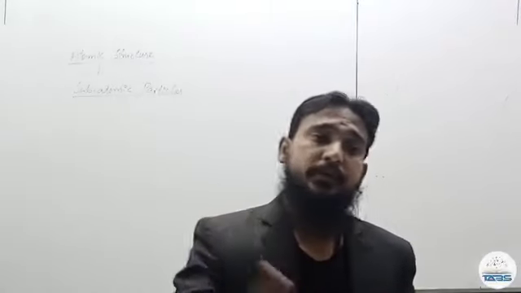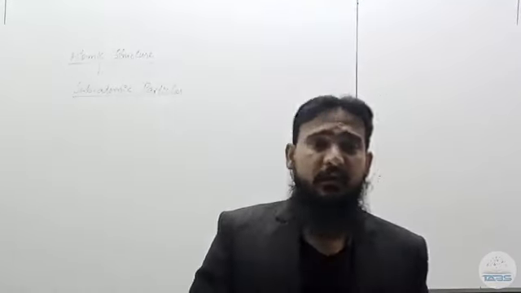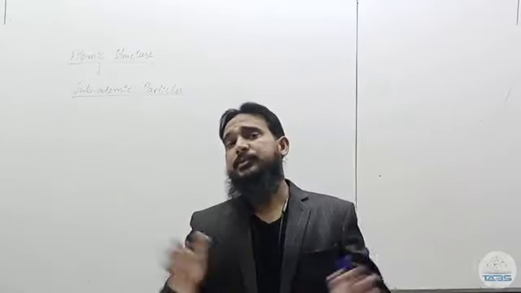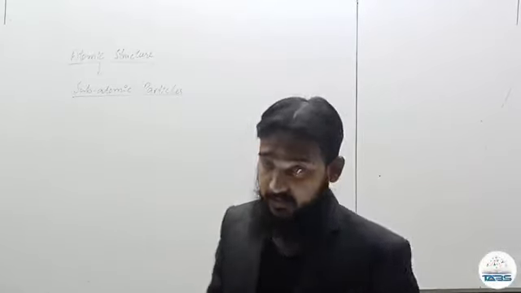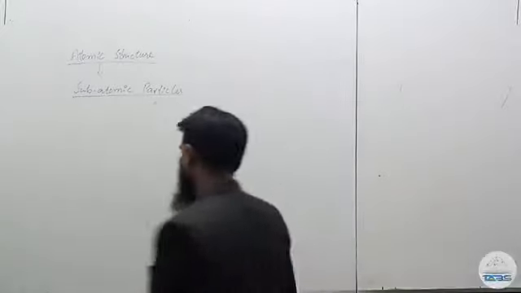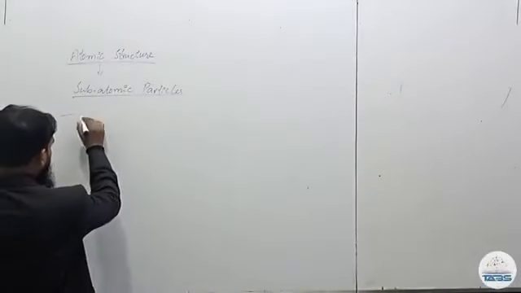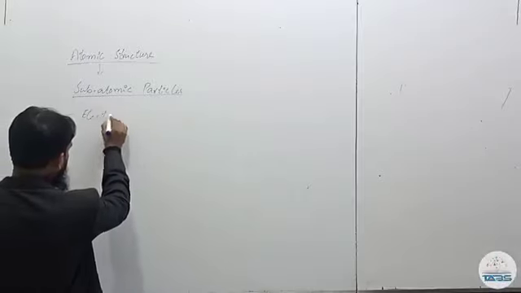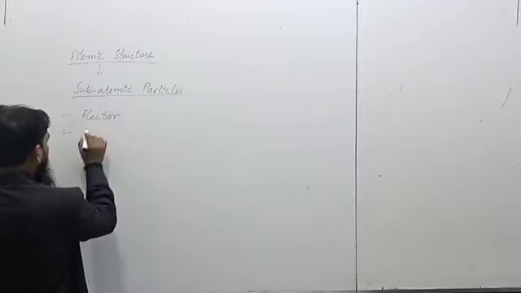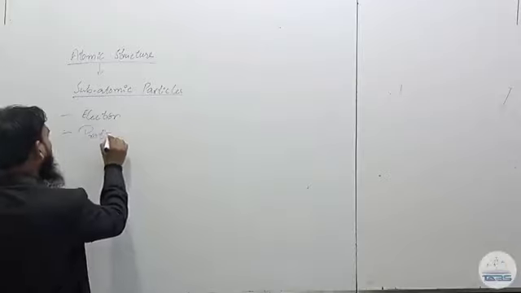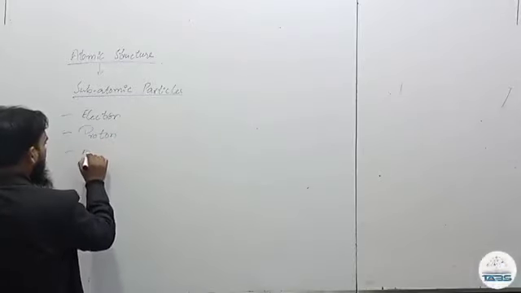It may be further classified. It may be further disintegrated into three subatomic particles. And when we think of the subatomic particles, the first name always comes electron. The second name comes proton. And the third name comes neutron.